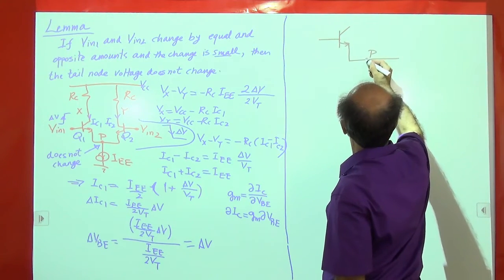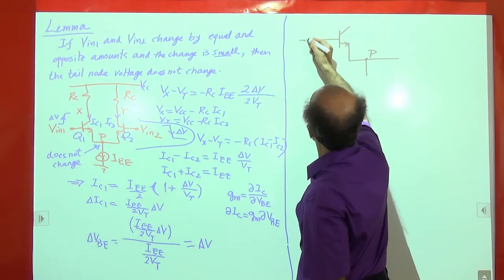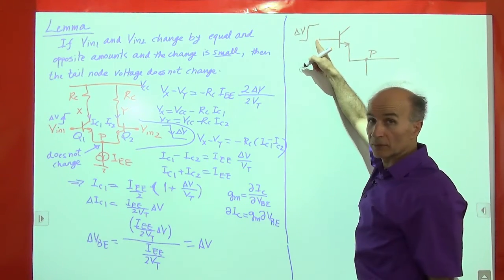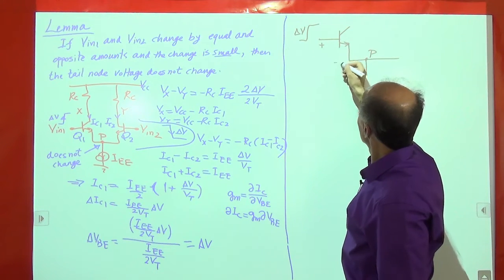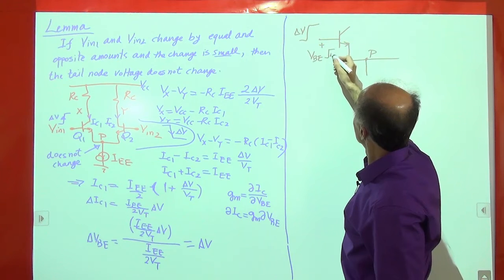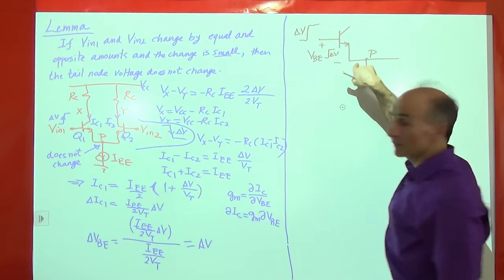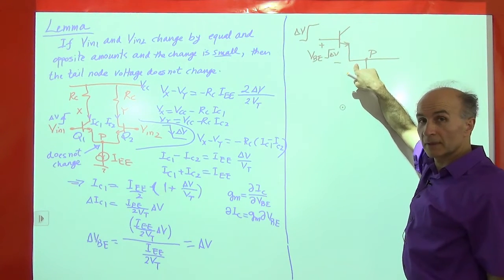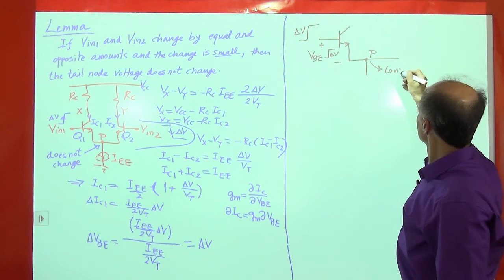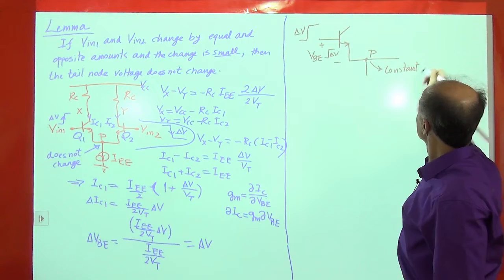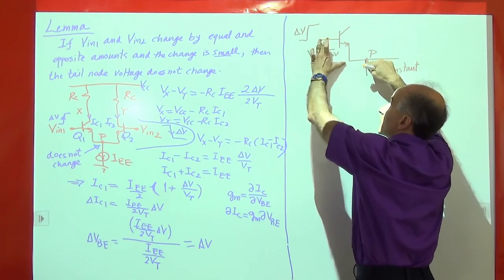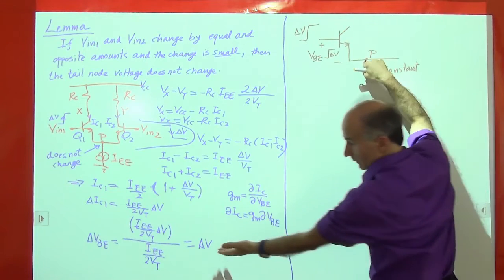Node P. This has gone up by delta V, this node with respect to ground. But the base emitter voltage has also gone up by delta V. So then what happens to this voltage with respect to ground? This has to be constant, right? So this is constant. Okay, if you keep this constant and you change this by delta V, this goes up by delta V. And that's what we concluded, right?